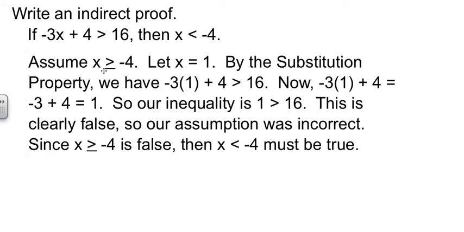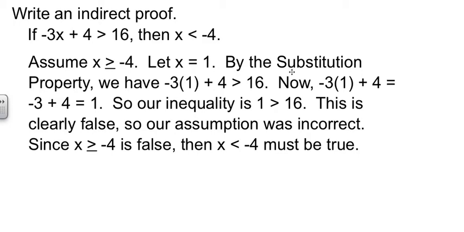So let's assume x is greater than or equal to negative 4. That's the opposite of being less than negative 4, is to be greater than or equal. So I'm going to pick some value for x that's greater than or equal to negative 4. I picked 1. Okay. 1 is definitely greater than or equal to negative 4.